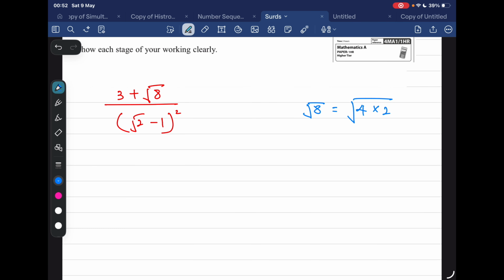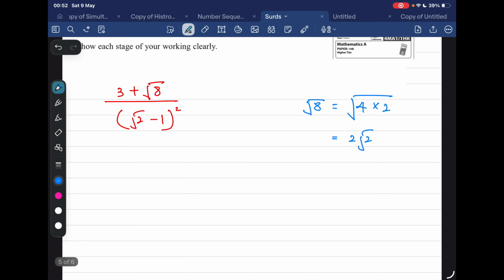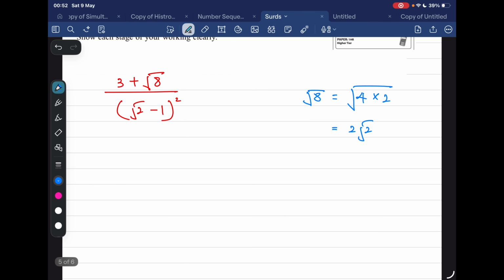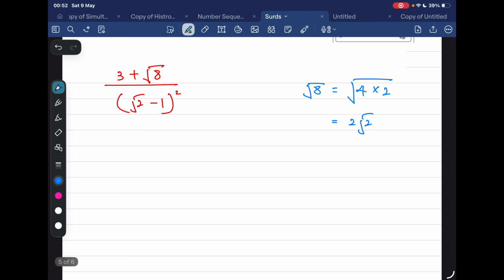Then you can simplify further. Root 4 is 2, and 2 is not a perfect square, so keep it as it is. So this is the numerator, and then let's go towards the denominator.